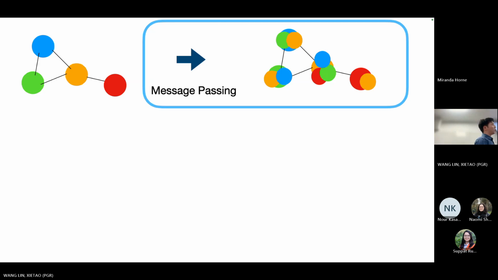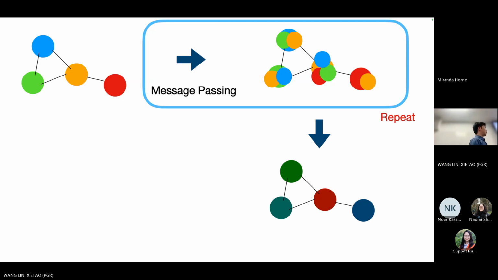We repeat the step many times, and you can imagine that the information will reach farther than just the neighbors after many repetitions. At the end, we get the same graph but with different information on the nodes.